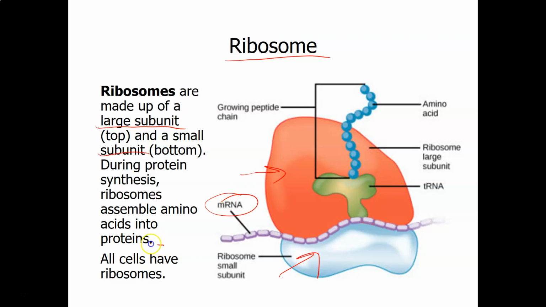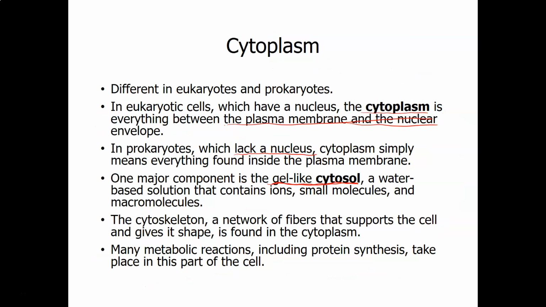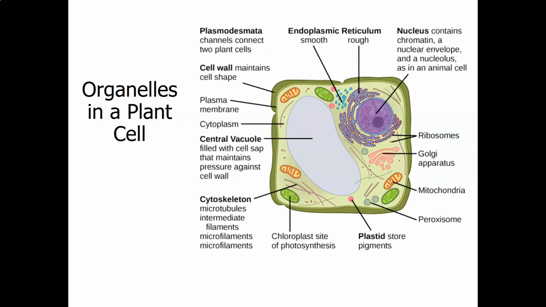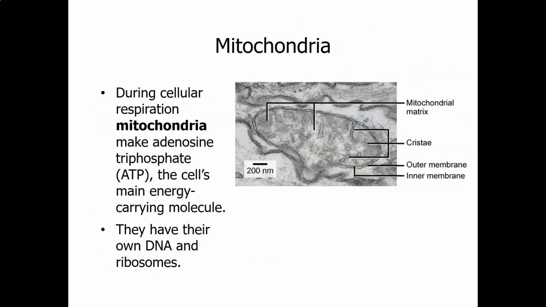It is important that you know that all cells have ribosomes. That means not only eukaryotic cells, which have organelles, but prokaryotic cells have ribosomes as well. What prokaryotic cells don't have are all the other organelles that are enclosed in a membrane. But prokaryotic cells do have ribosomes.